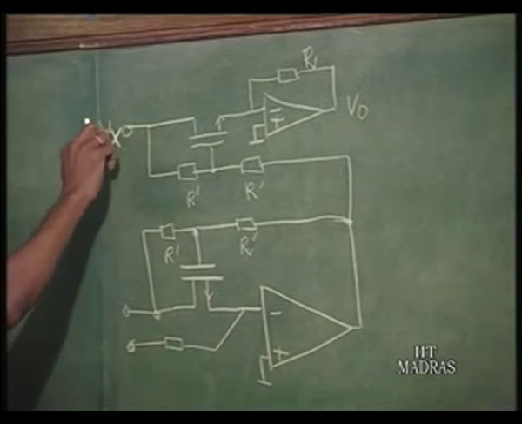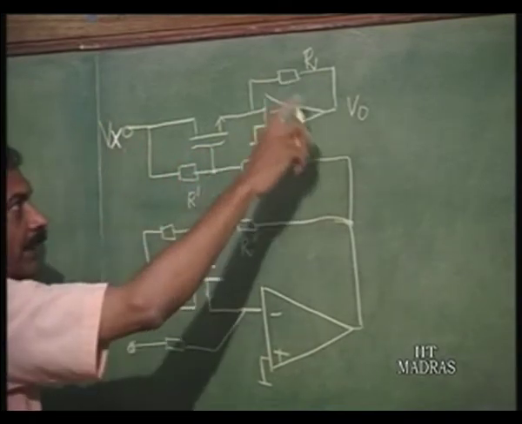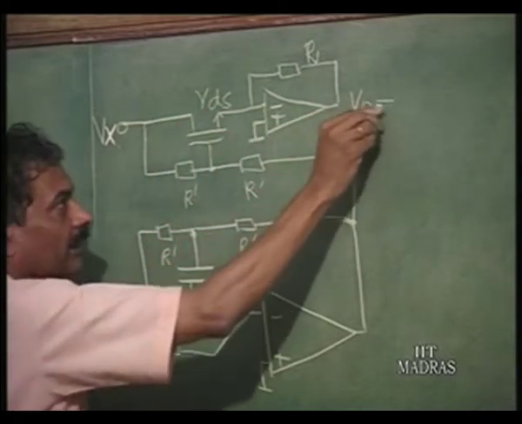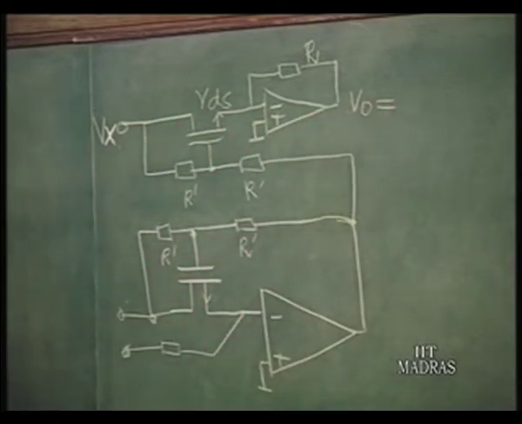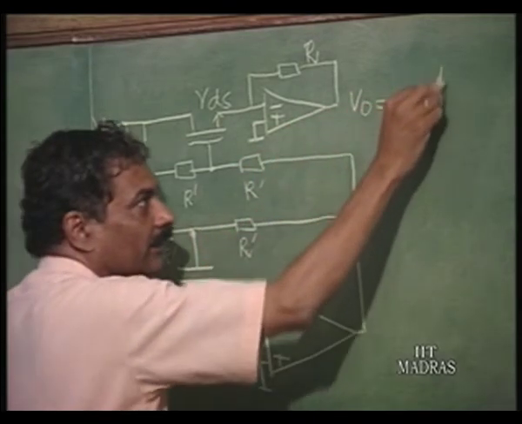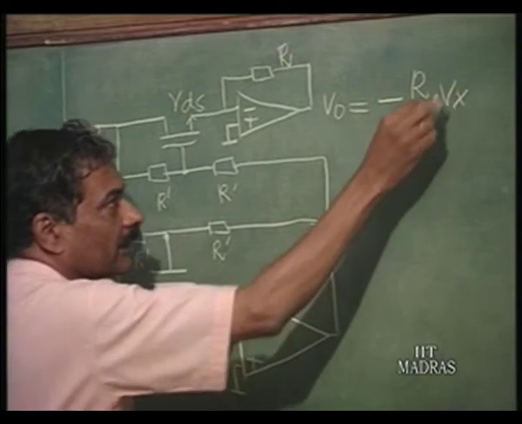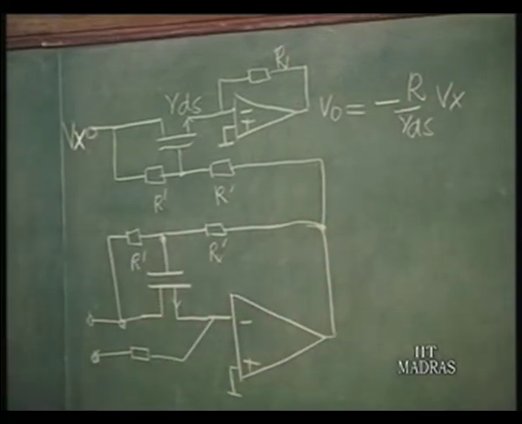You can see that if it is Vx, and if we put a resistance here and this simulates an RDS, then V naught is always equal to, it is a non-inverting amplifier, so minus R divided by RDS times Vx. Vx can be positive or negative.